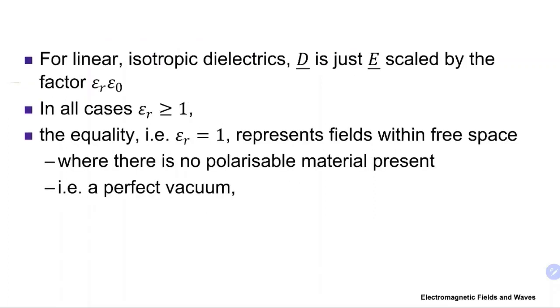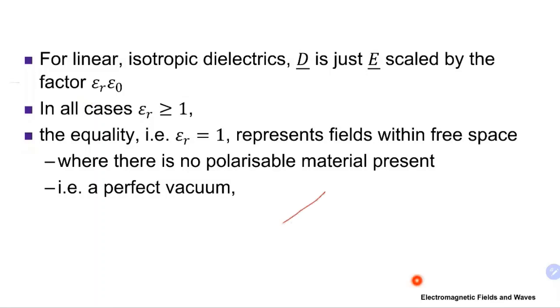This is for linear and isotropic materials, which is what we're going to talk about in this module. So epsilon r is just a scalar value. It's not a vector or a tensor. It's not three-dimensional, so it is the same in every direction of the material.